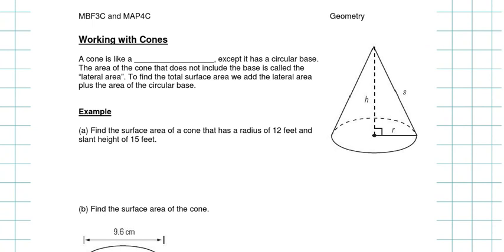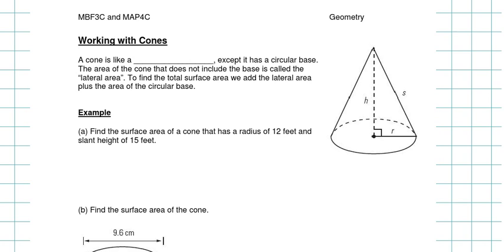Then we're going to go to the cone, okay? So a cone is like a pyramid, right? But with a circular base. Now, if you're looking at a cone, it has two faces, right?